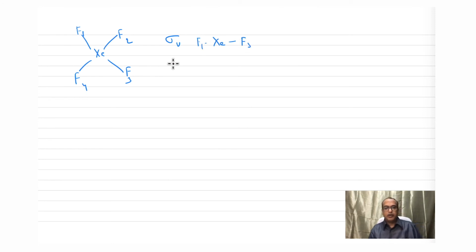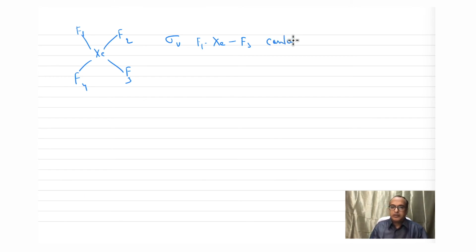So Xe, four Fs again: 1, 2, 3, 4. Now the other sigma V will be F1, Xe, F3. So I will not do the symmetry operation now.